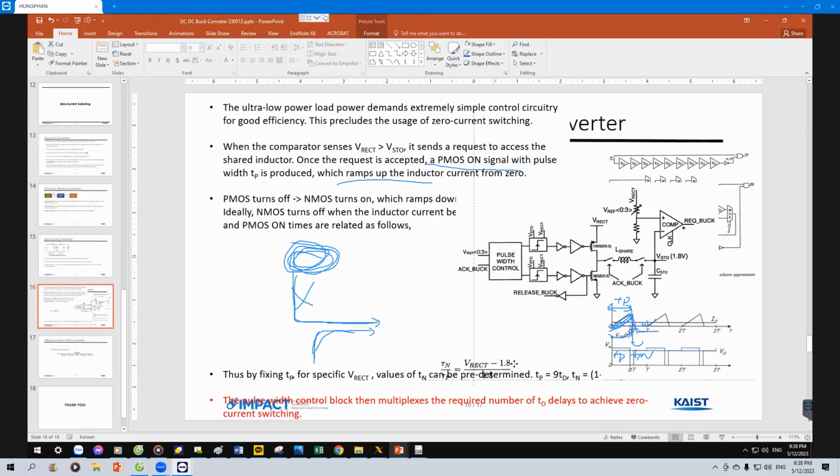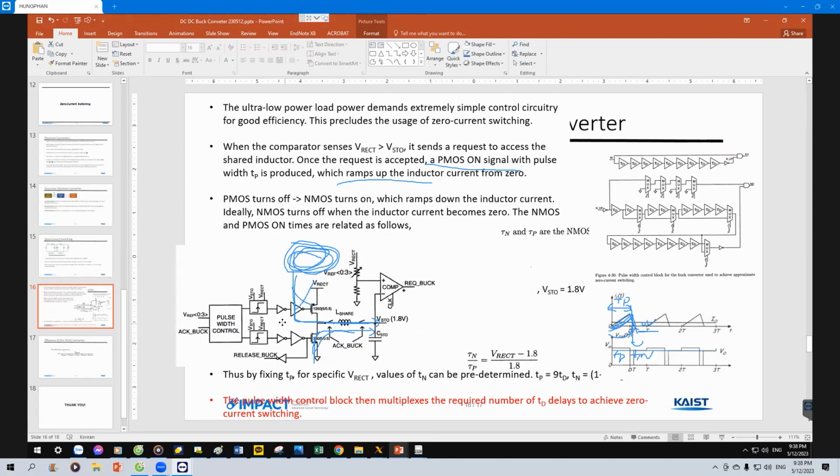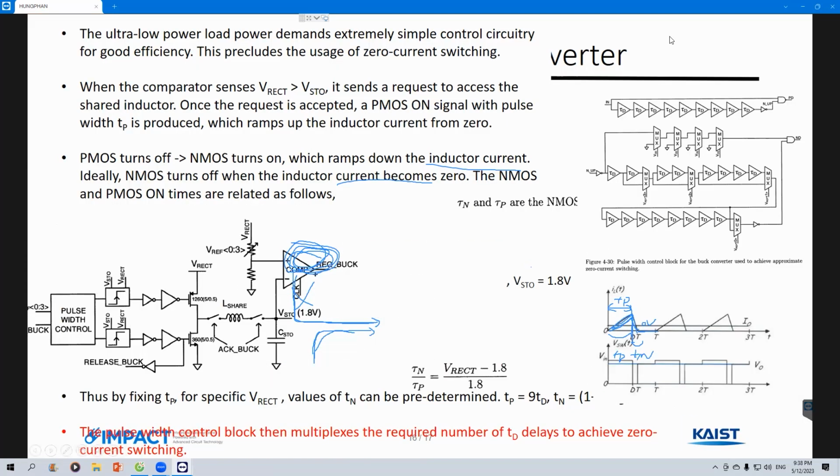When you fix it, TN will follow VRAC, right? Because TN changes, we also have to change the delay to make TN.